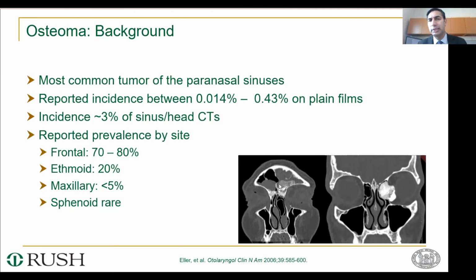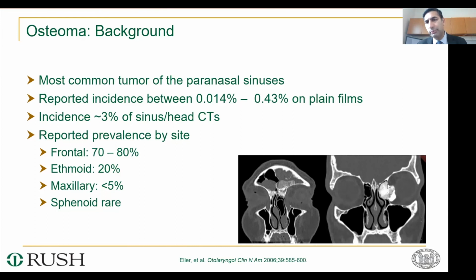Showing you a couple of CT examples. This is a patient with a large frontal osteoma that's extending into the frontal recess. This is resulting in a post-obstructive mucocele, which actually resulted in periorbital cellulitis, thus necessitating surgery to remove the osteoma and drain the post-obstructive infection above the area.